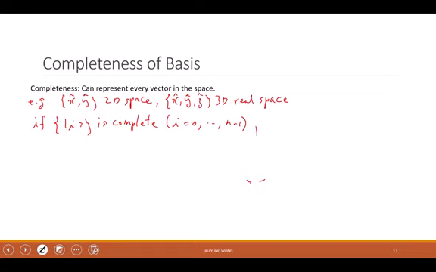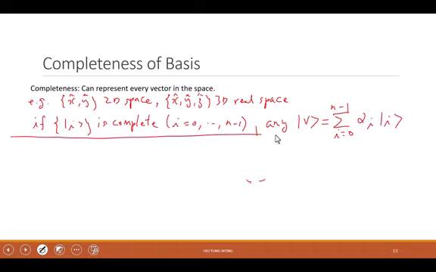N, right? Then any vector V can be represented as a linear combination of these basis vectors, V equals the sum of alpha I times |I>, which you know already. That is good, right?